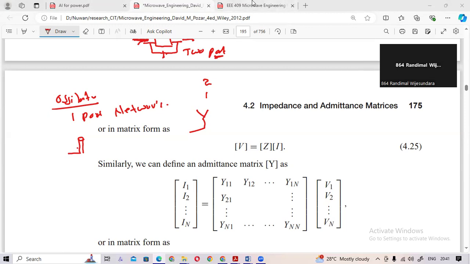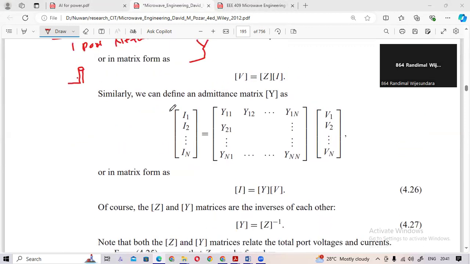Actually, if you consider an antenna, it doesn't have... Wait a minute.